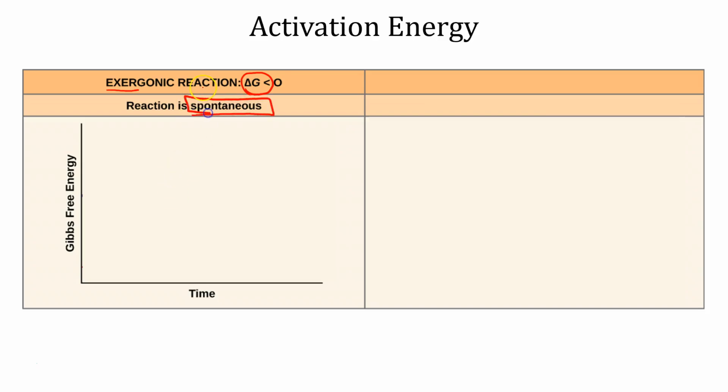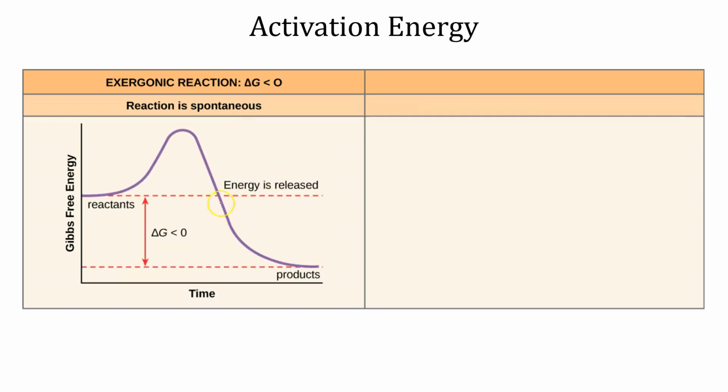It can happen. For example, your car rusting is going to happen on its own. You don't have to force it to happen. But it's a bit of a misnomer to say this, because even spontaneous reactions need a little bit of a jump start to get them going. For example, here's if you were to chart out the reactants and the products of a chemical reaction.